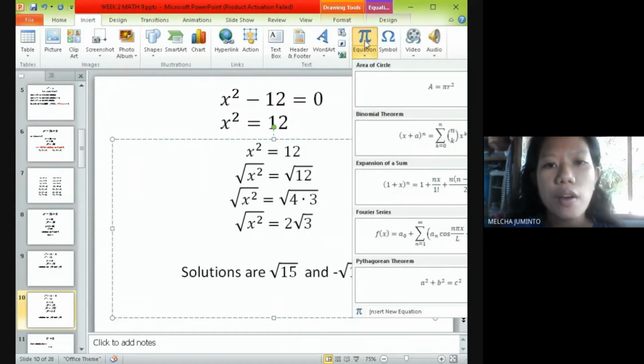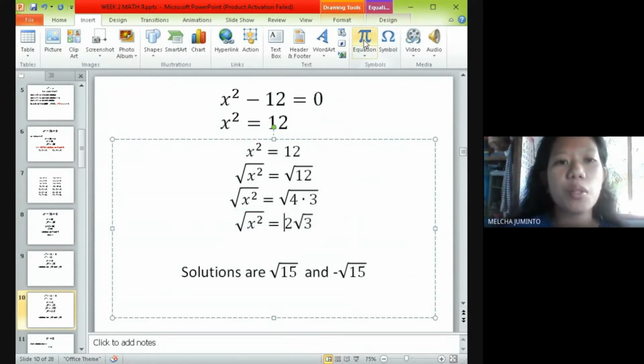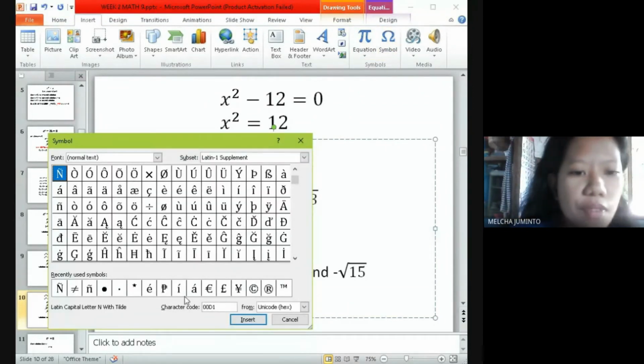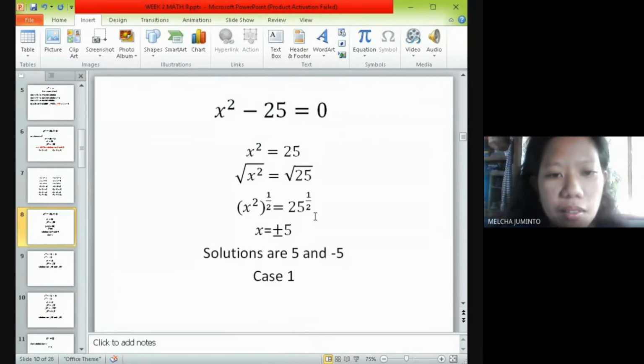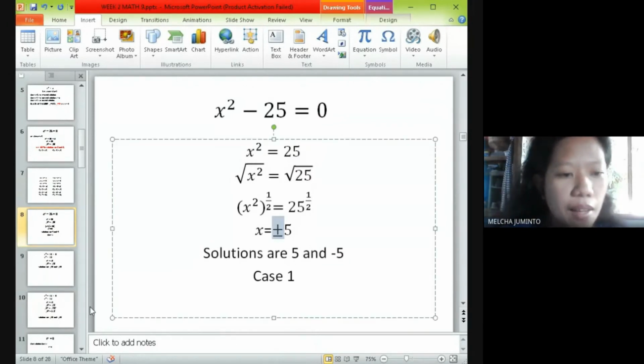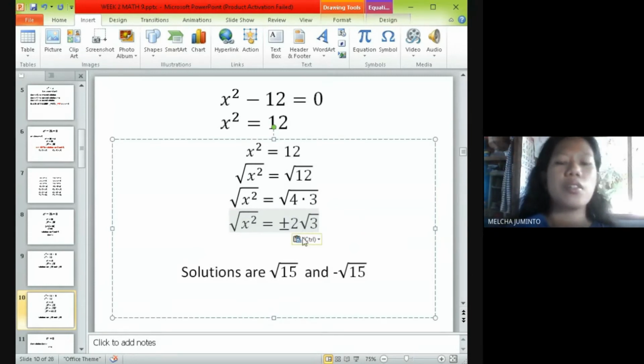And since we are referring to square root, there should be two values. The two values are positive and negative 2 the square root of 3. So we should write here, I will go back to this symbol, copy ko na lang. We should have two answers. So positive and negative 2 the square root of 3.